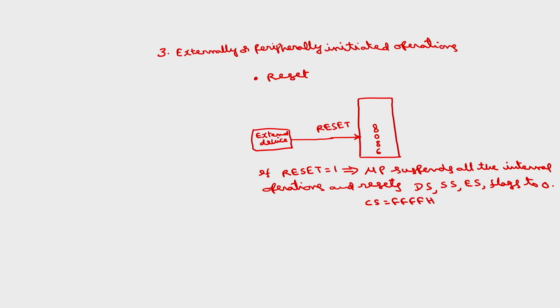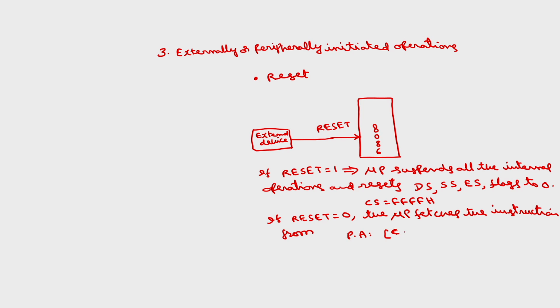If the reset becomes 0, that is, if the external device releases the reset signal, then the microprocessor fetches the instruction from which location? We know that the physical address of any location is given by code segment contents into 10H plus instruction pointer. This we have discussed in the earlier class.